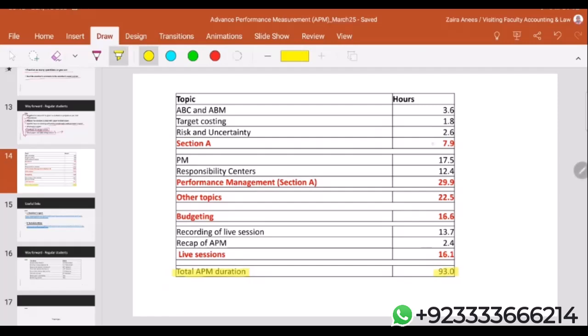So section A, which is ABC, APM, target costing, risk and uncertainty, I have allocated around 8 hours for that. Performance measurement, which is section A, is the most important part of the APM paper, so there will be around 30 hours allocated for that.